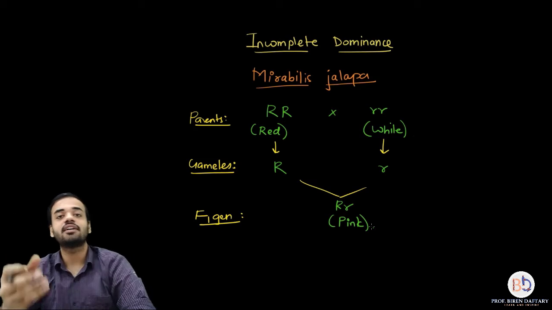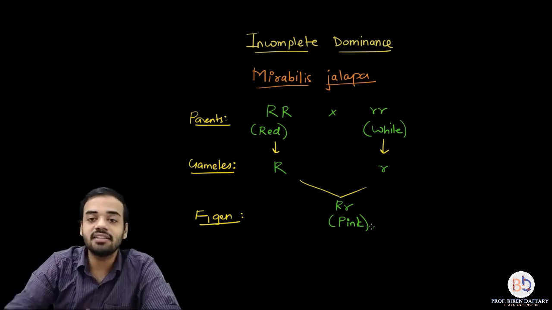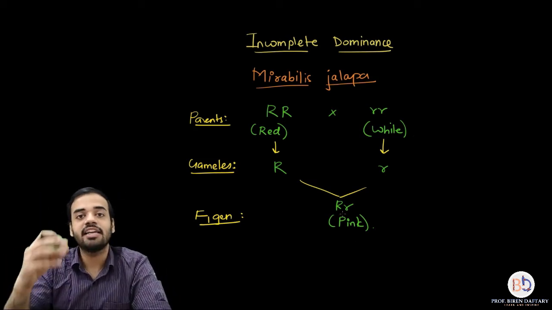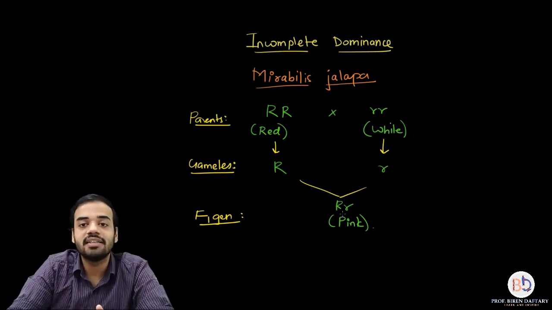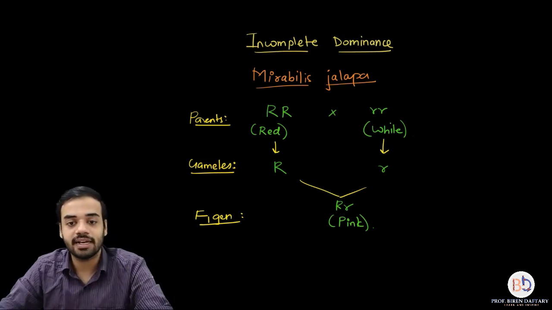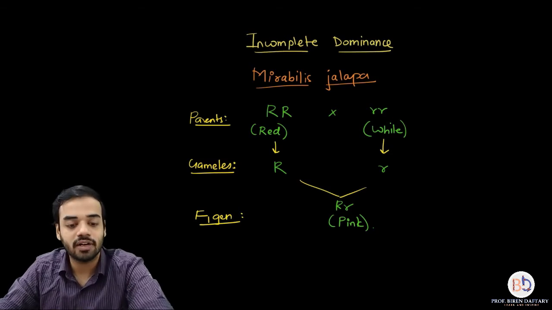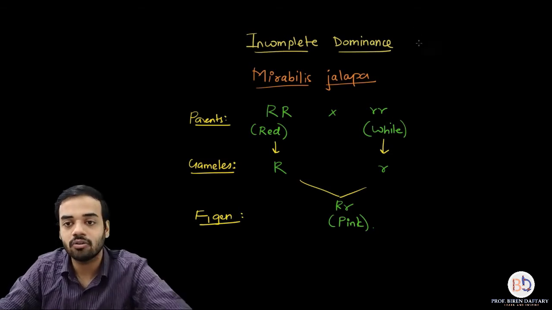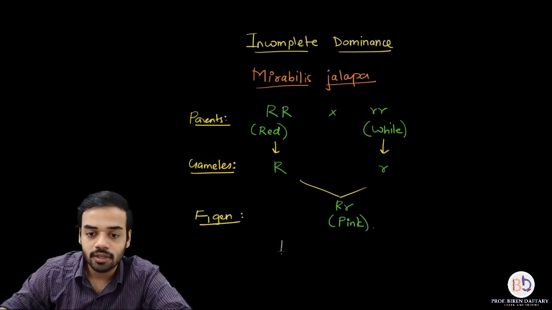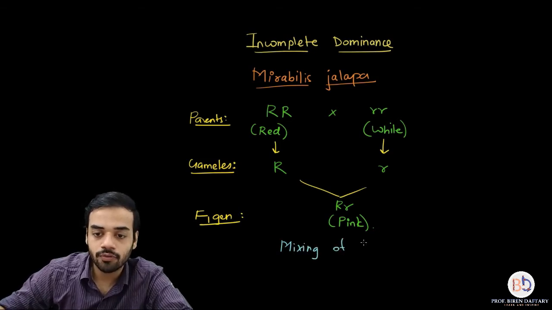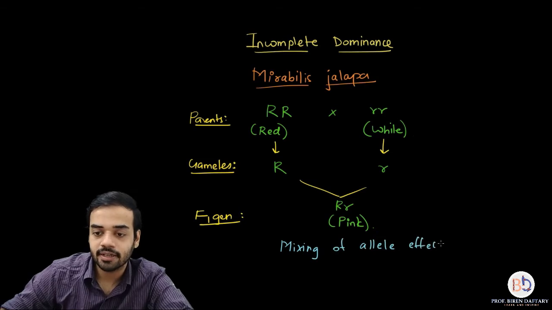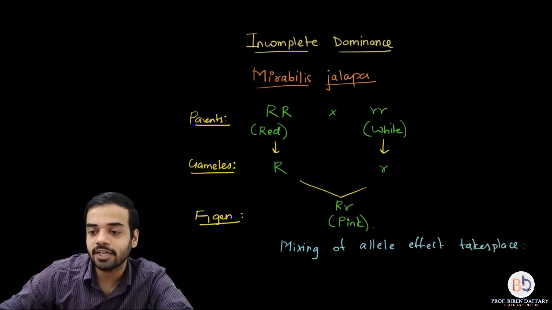Why is it called incomplete dominance? Because neither of the alleles is able to show its dominance completely, and because of that there is mixing of characters, or mixing of allele effect. If you want, I will write it down in the bracket over here: mixing of allele effect takes place, and that is why it is called incomplete dominance.